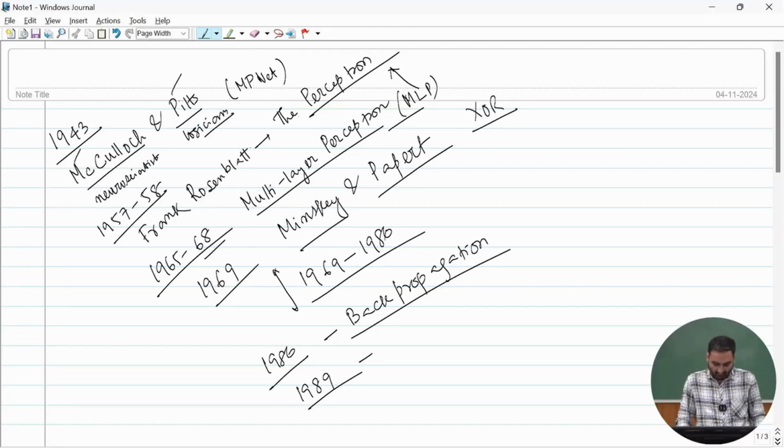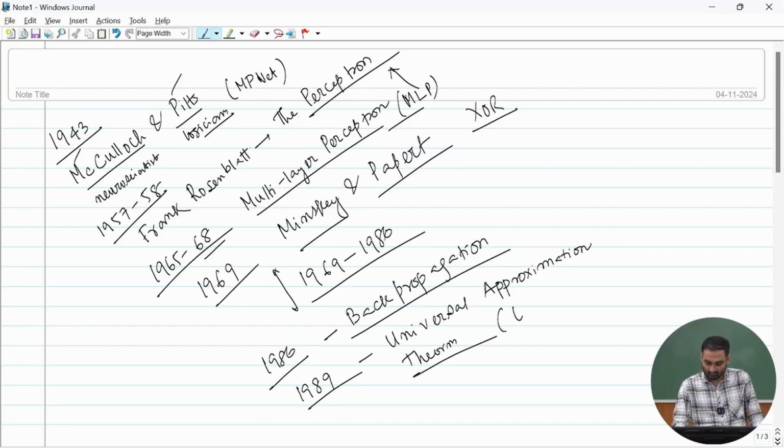In that year they came up with the universal approximation theorem, UAT. It was said that a multi-layer perceptron with a single hidden layer can be used to approximate any continuous function to any desired precision.